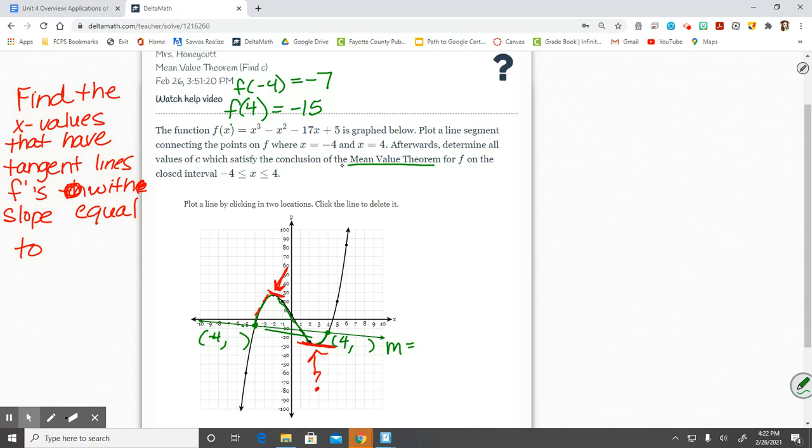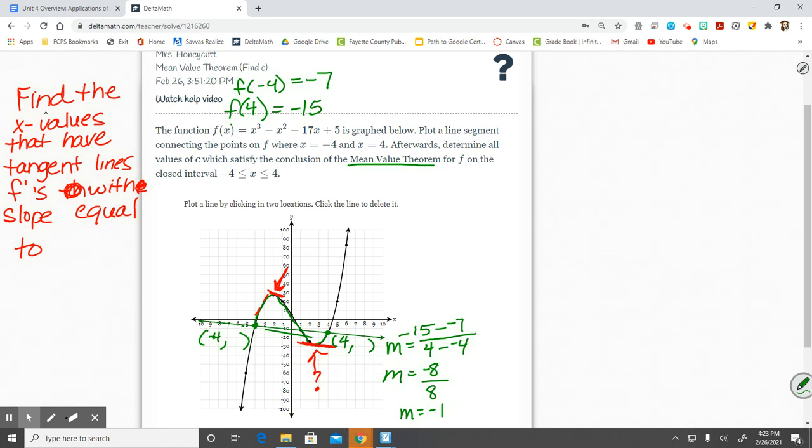So m would be -15 minus -7 over 4 minus -4, which is -8 over 8. So the slope of that green line equals -1.